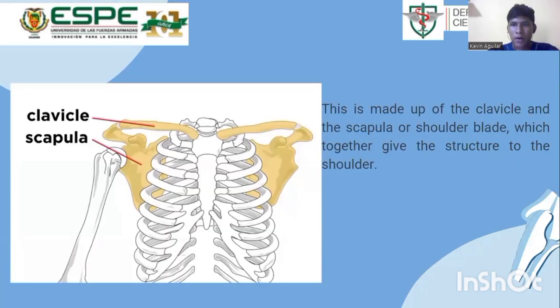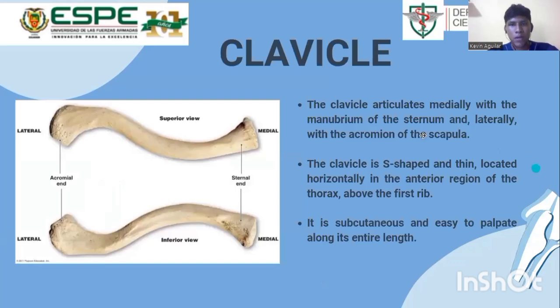The shoulder girdle is made up of the clavicle and the scapula, or shoulder blade, which together give structure to the shoulder. The clavicle articulates medially with the manubrium of the sternum and laterally with the acromion of the scapula.